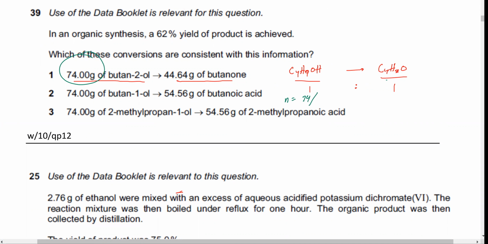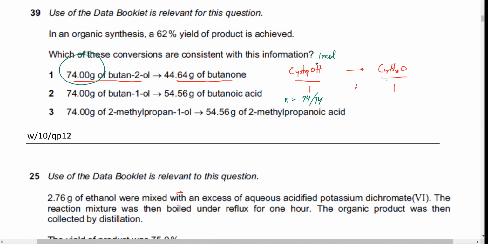And if you calculate its Mr, it's 12 times 4, that's 36. Plus 16, plus 10. Is this correct? C4H9 and OH. Sorry, 12 times 4 is 48. 48 plus 16 is 64 plus 10, 74. It is coming out to 74. So this comes out to be 1 mole.